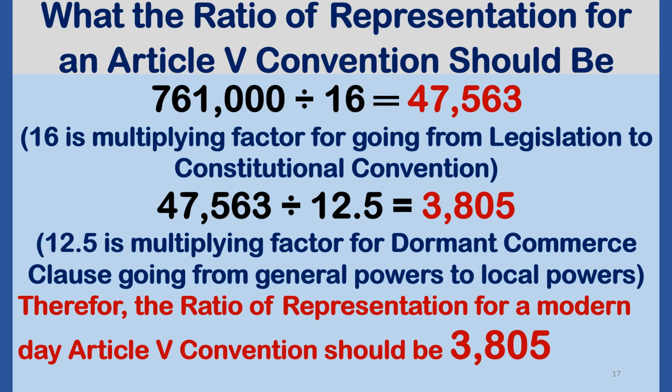So we now go back to our earlier number of 47,563, and we use the multiplier of 12.5, and we get a new ratio of representation of 3,805 for the Article 5 Convention of the People, taking into account both the fact that this is the fundamental constitutional law and you need a much more robust representation, many more representatives in the process for it to be respected by the people, and the fact that the U.S. legal system now basically creeps into local matters.